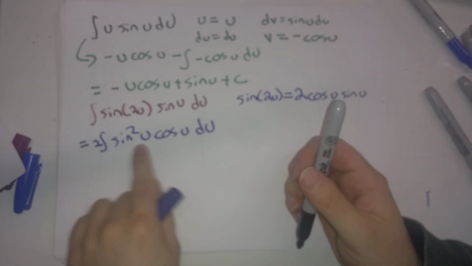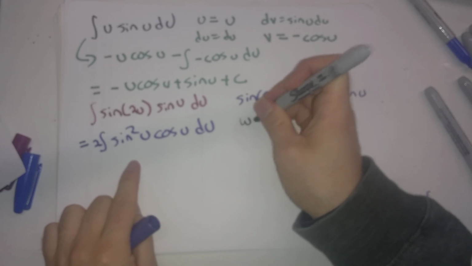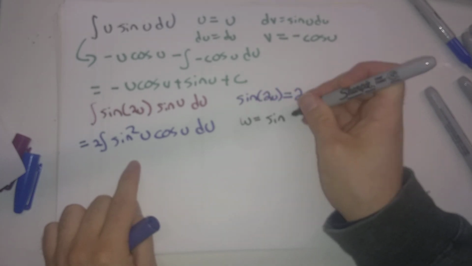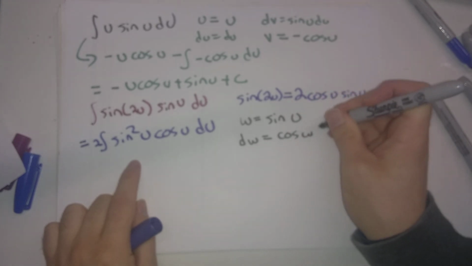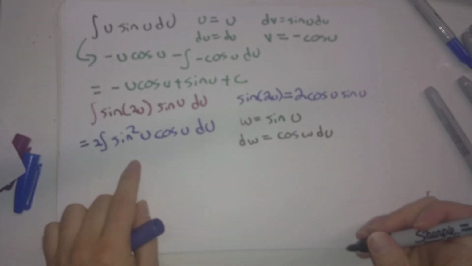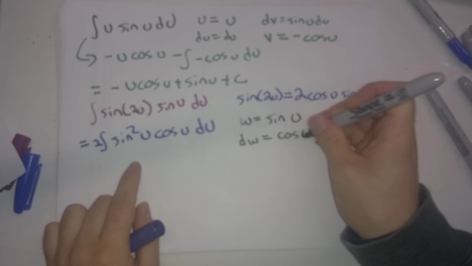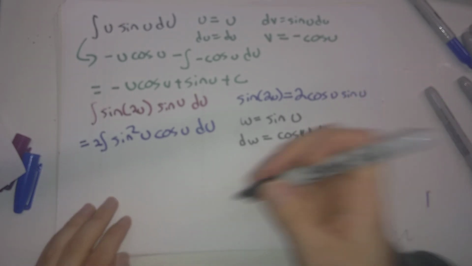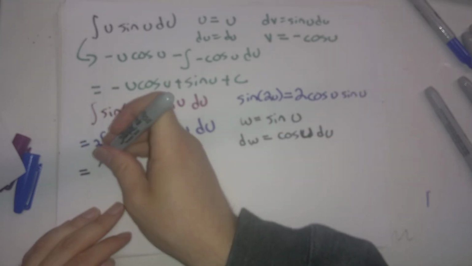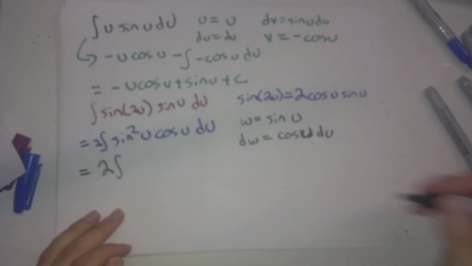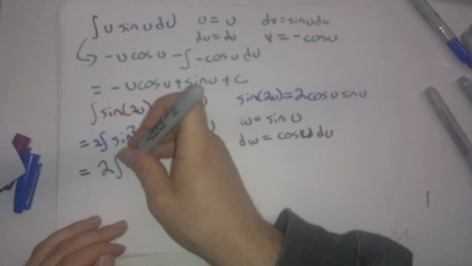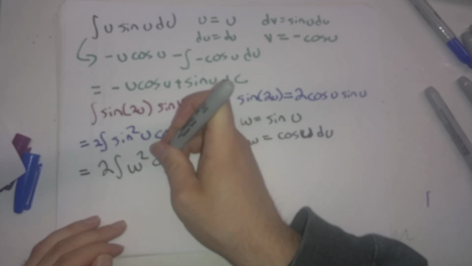This calls out for the substitution w is equal to sine u, dw is equal to cosine u du. So we have 2 times the antiderivative of w squared dw.